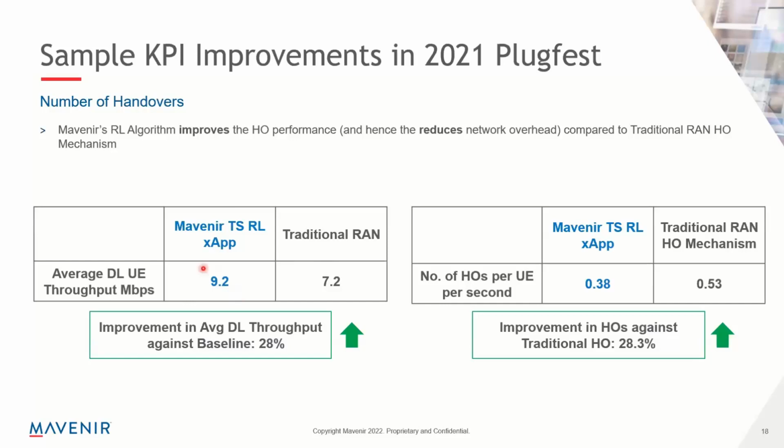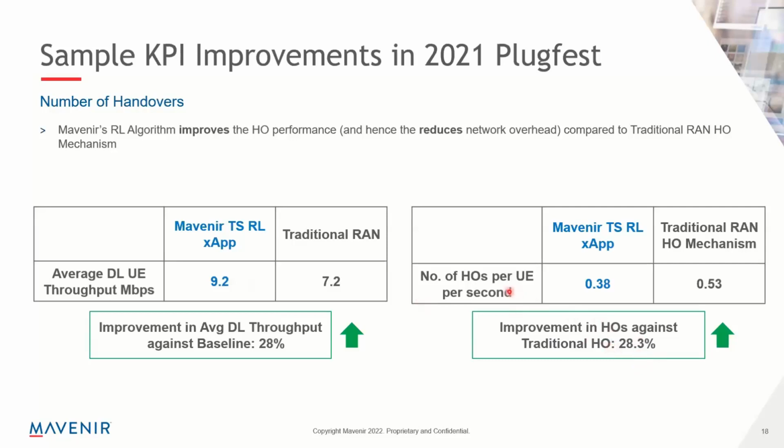We tried the traditional RAN functionalities, doing configuration changes or the optimization process, and compared how much it can improve using machine learning. Especially for download throughput, we could improve by 28%. And when it comes to handovers, we could improve the number of handovers per UE.